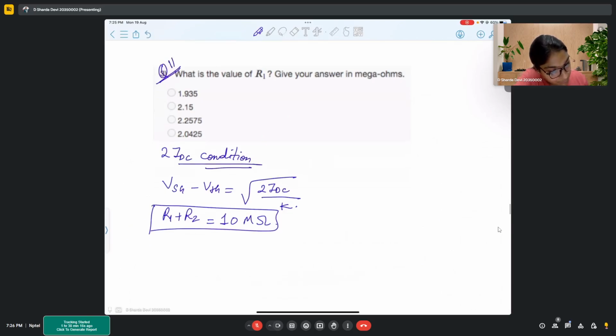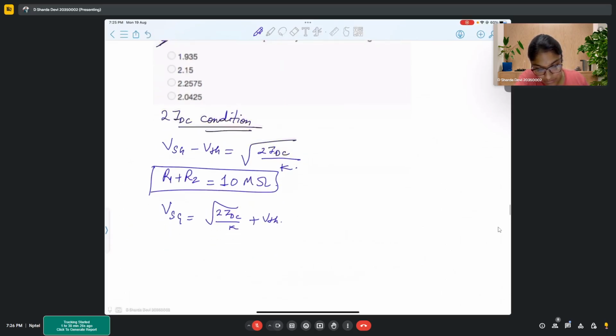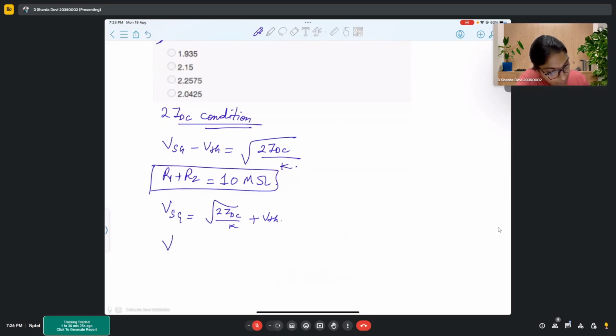So VSG is root 2 IDC by K plus VTH, and VSG turns out to be 0.75 volts.